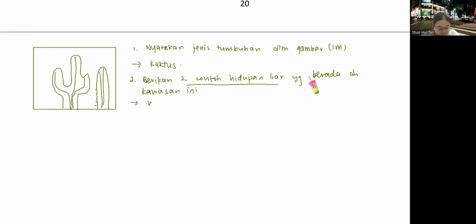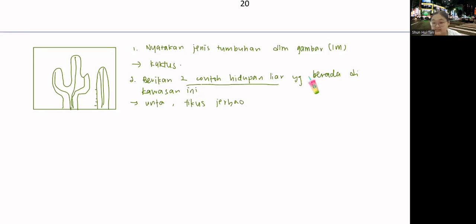Unta and tikus jerboa. Okay, tikus jerboa, unta, right? Musang, phoenix, and so on.